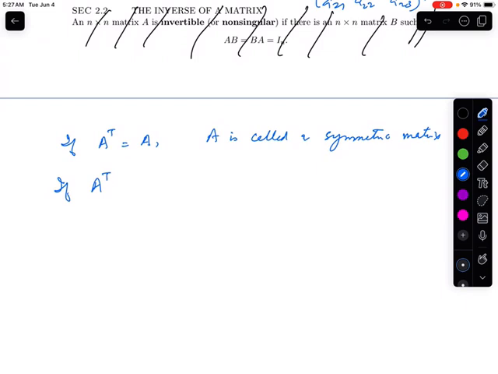And if A transpose gives you negative A, then A is called skew symmetric.